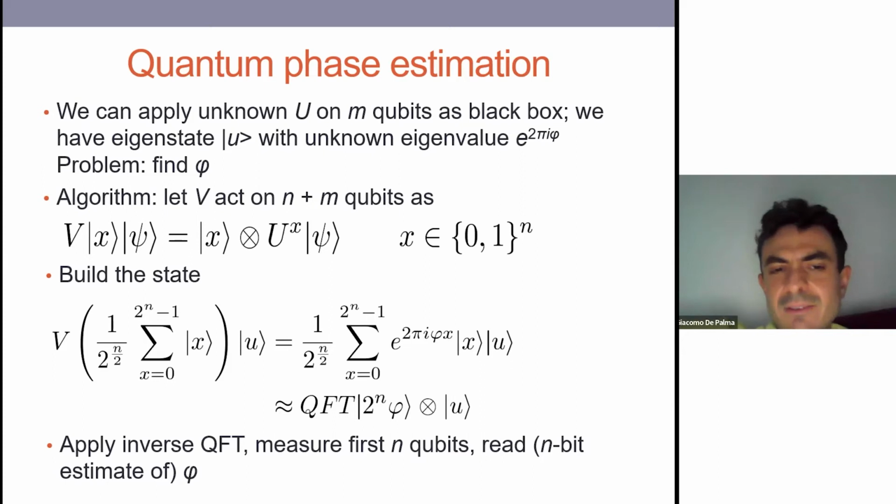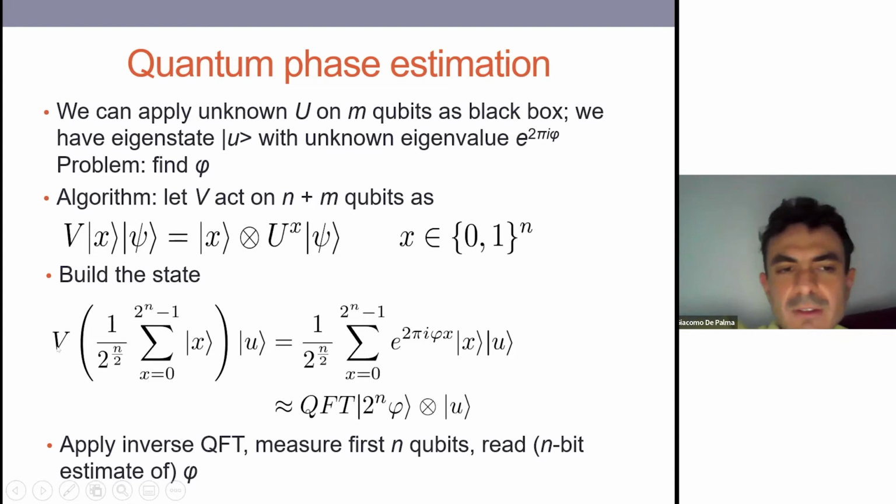And with high probability, what you get is an estimate of phi which is accurate to roughly n bits. Actually, you get a bit less than that, there is some price you have to pay. So you have n minus some bits of accuracy of this estimate, but still the same procedure keeps working.